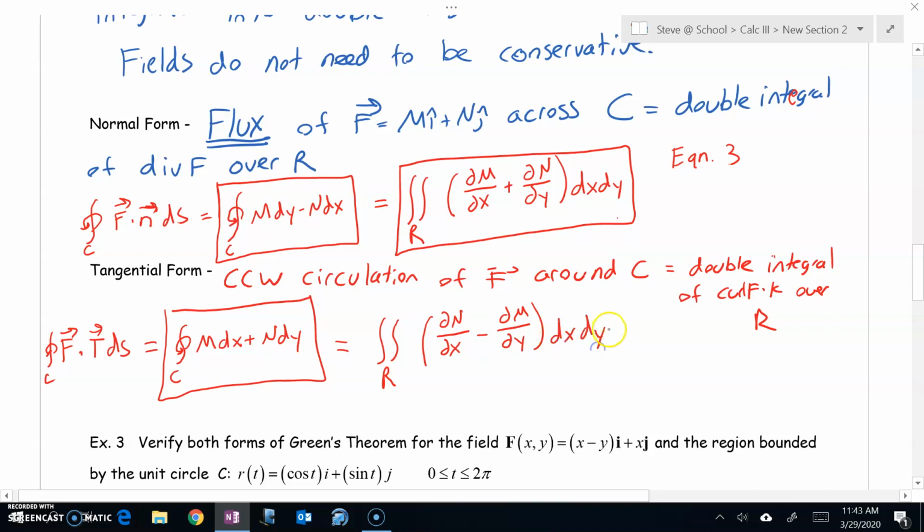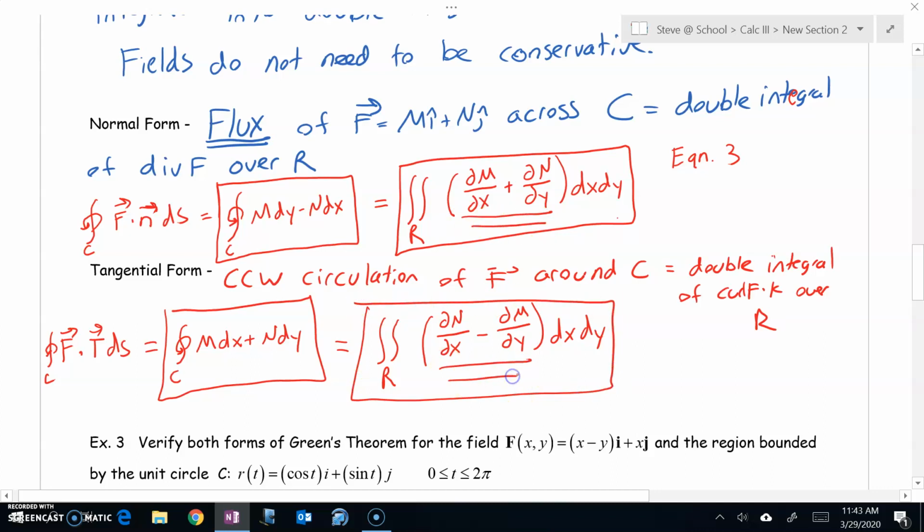So hopefully you guys see what we did yesterday now pops into these two integrals right here and right here. That's the divergence, that's the curl, k component of curl. Okay, so now let's show how these work. I'm going to just verify today that both of these work, each way.